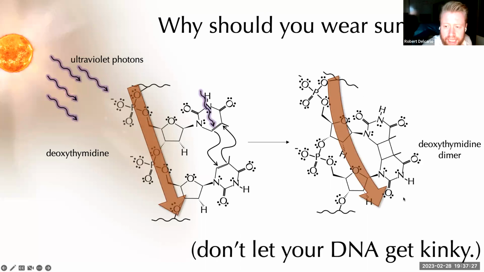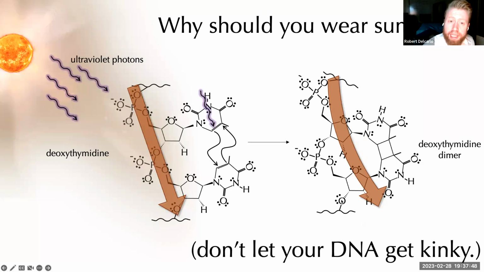Now it's a little bit kinked, okay? This kink distorts the hydrogen bonding to the complementary base pairs on the other side. This would stall a DNA polymerase, so DNA repair enzymes would need to come in and chew this up.